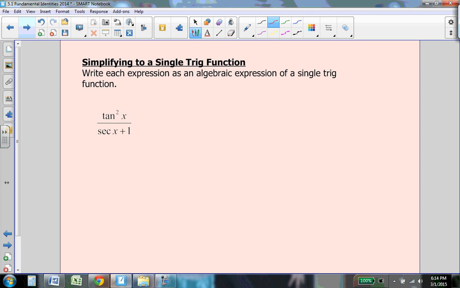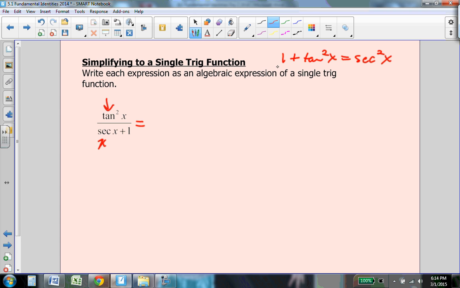Okay, now let's simplify this into a single trig function. I'm getting my clues here by having a secant in the denominator and a tangent. I know that those are related with the Pythagorean identity, particularly with the square. So I can replace tangent squared with, well, let's take a look. It's 1 plus tangent squared of x that equals the secant squared.